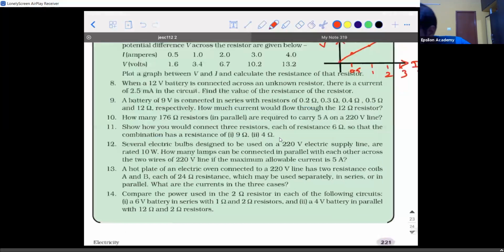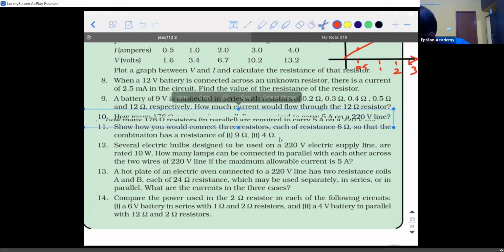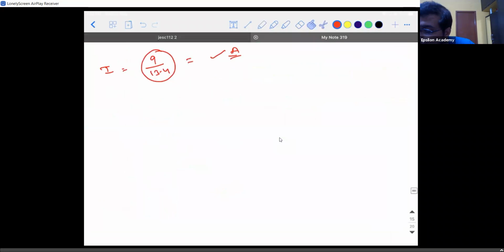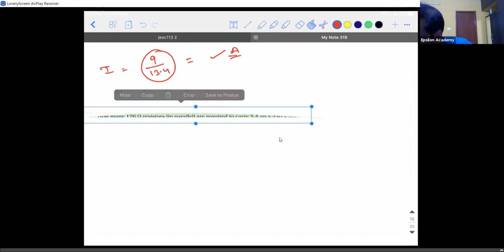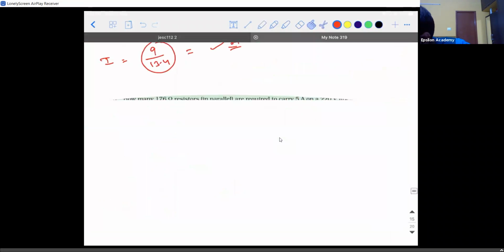This is a very good question. Mark it as important. How many 176 ohm resistors should be connected in parallel, which would be required to carry a current of 5 ampere on a 220 volt line?